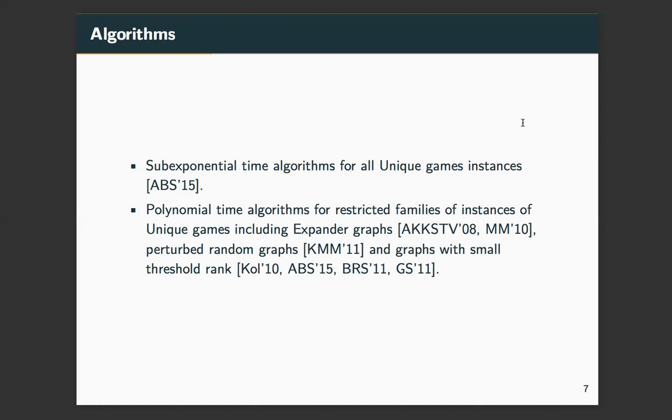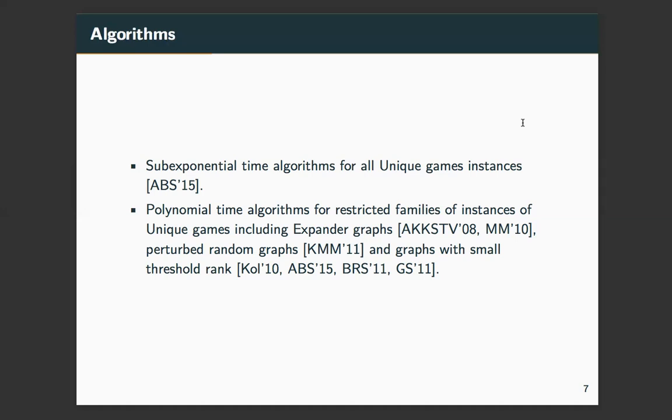These include expander graphs, perturbed random graphs, and graphs with small threshold rank. These algorithms emphasize the difference between hard CSPs such as 3-SAT, for which we do not know any polytime algorithms on restricted families. These results constitute the best known evidence against the truth of the UGC.